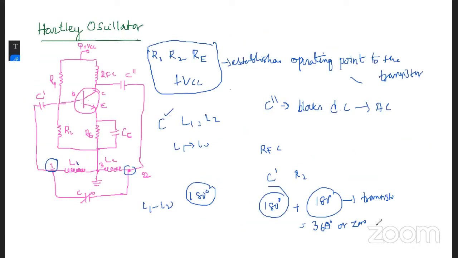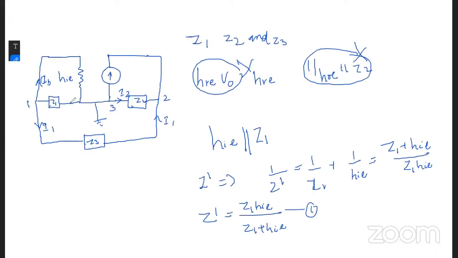So therefore, the load impedance ZL between the terminals 2 and 3 in the actual circuit is given by 1 by ZL equals 1 by Z2 plus 1 by Z dash plus Z3.